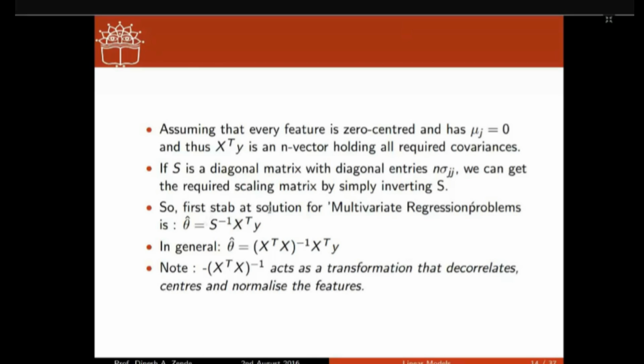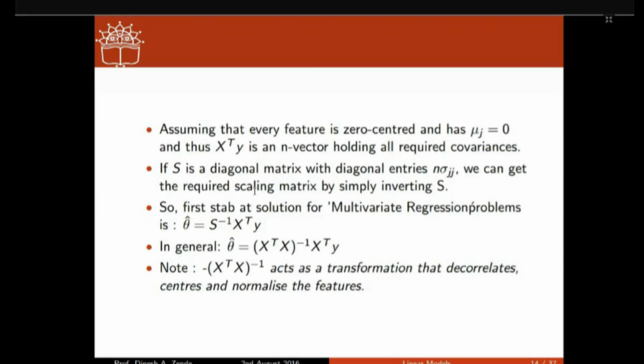So the first step to the solution for the multivariate regression problem is that theta cap is equal to S inverse times X transpose Y. Finding theta 0, theta 1 for a univariate model is very easy. But the problem is how to find all those theta 0, theta 1, theta 2, up to theta k for the multivariate model.